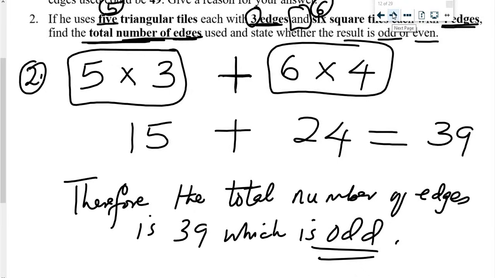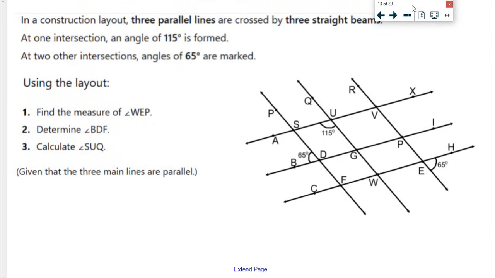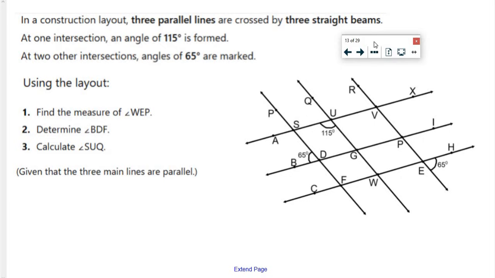The next question. In a construction layout, 3 parallel lines are crossed by 3 straight beams. At one intersection, an angle of 115 is formed.